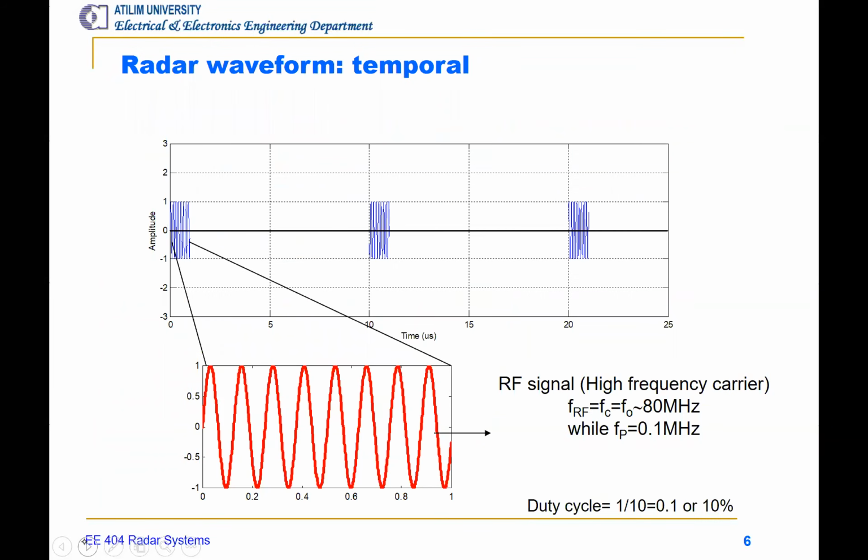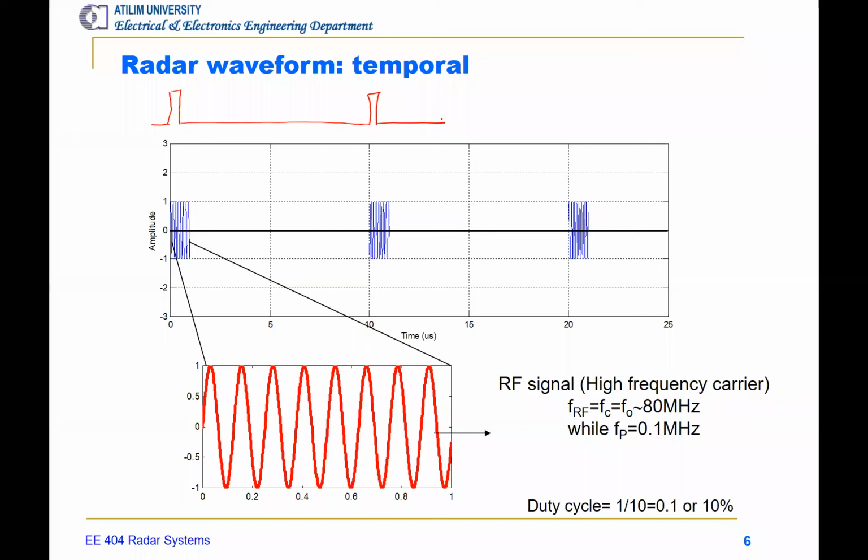Okay, that was the simplified radar waveform that we have shown previously. Now we are going into the details of that simplified radar waveform. So what do we have? It can be seen on this slide. Remember that we illustrated the radar waveform as pulses like this.